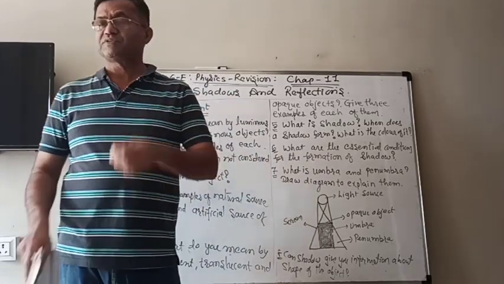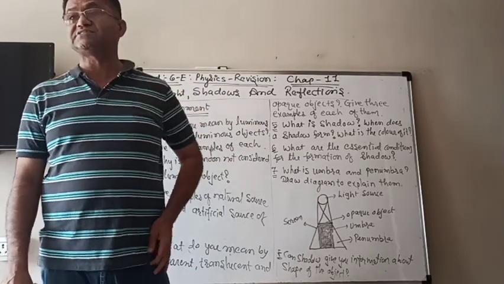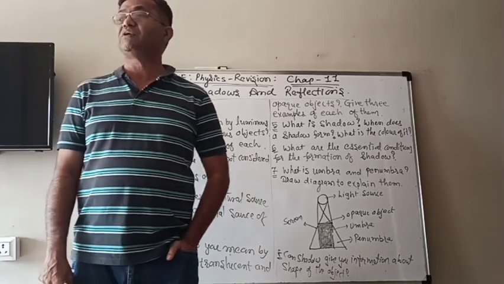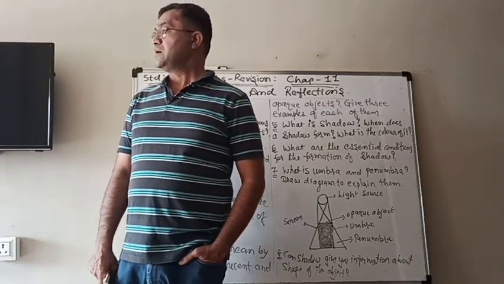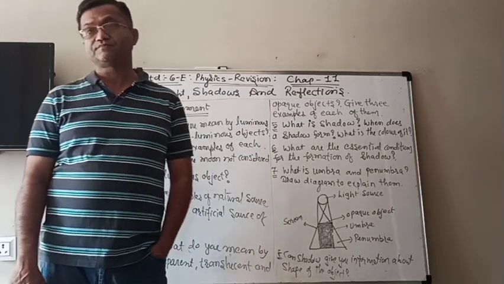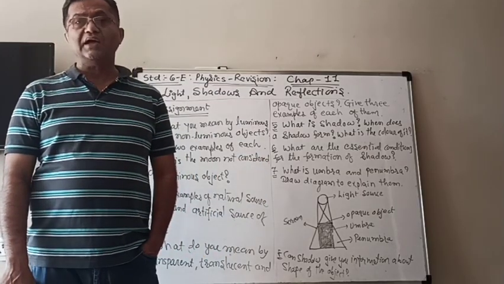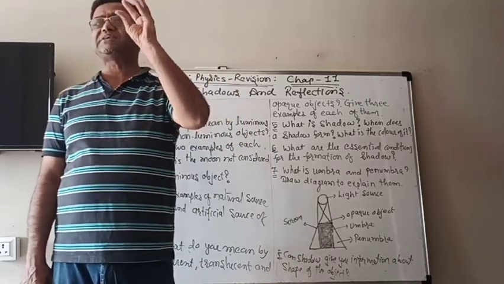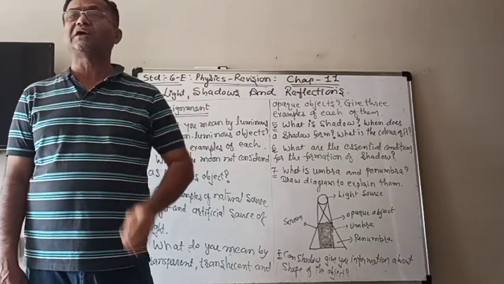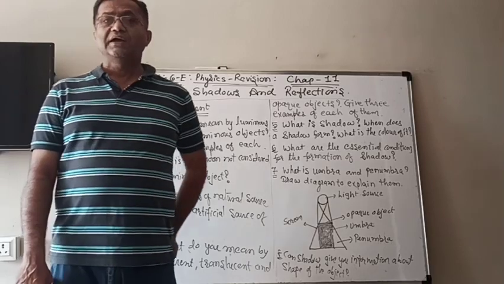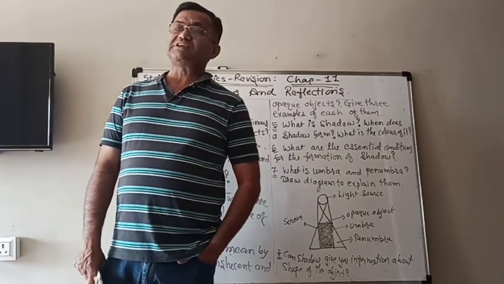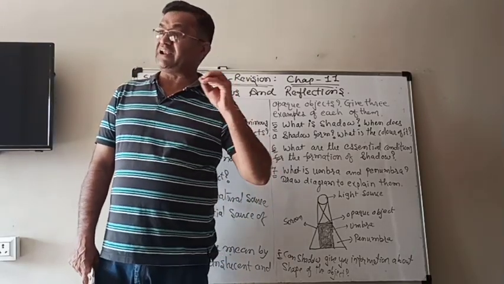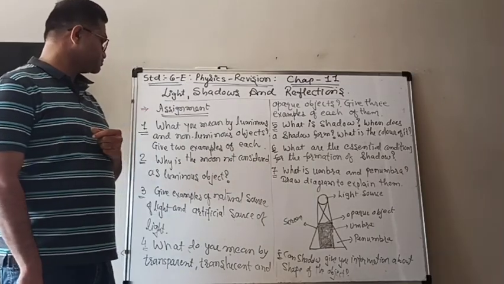Sometimes you see in the rainy season at night time when it is dark, that are the fireflies. When they are flying, you will see that they are emitting green or yellow colored light. So they are also natural luminous objects.